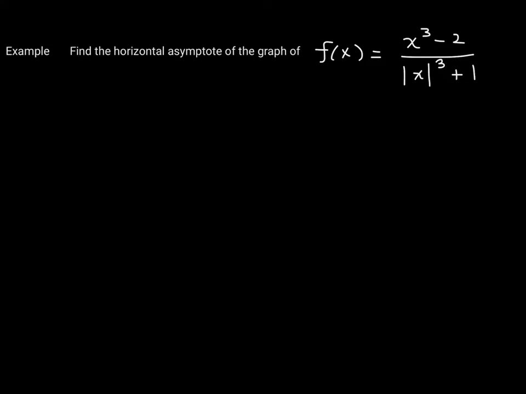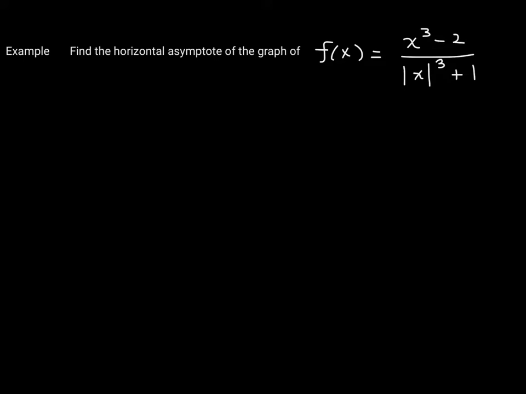All right, we are being asked to find the horizontal asymptote or horizontal asymptotes, right? There could be more than one, of the graph of this function. Now, in order to find the horizontal asymptote or horizontal asymptotes of the function, we need to consider a limit at infinity. So let's do that now.